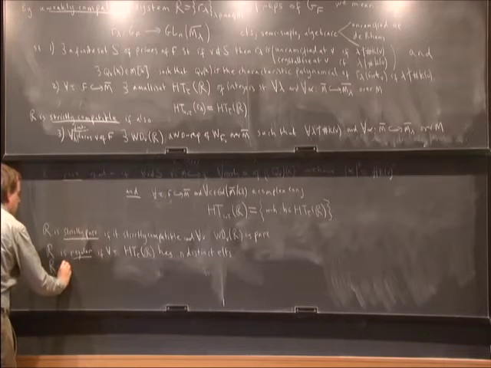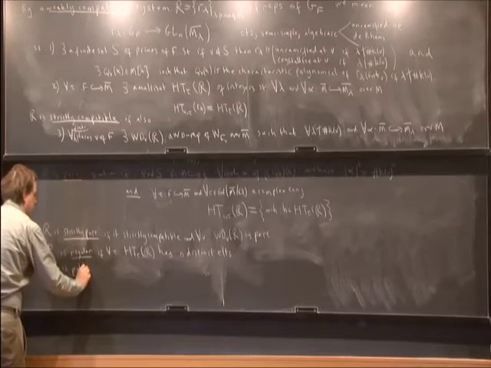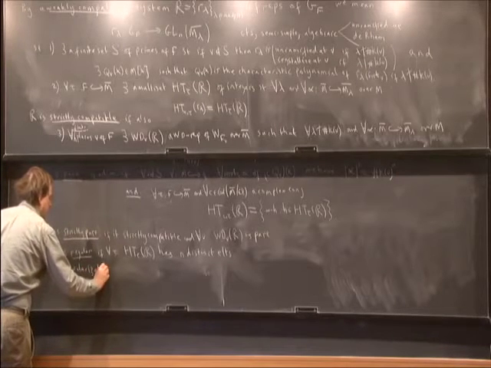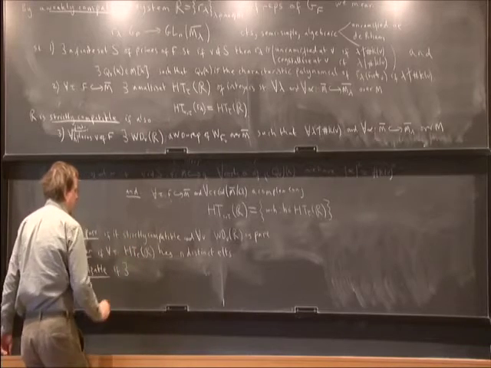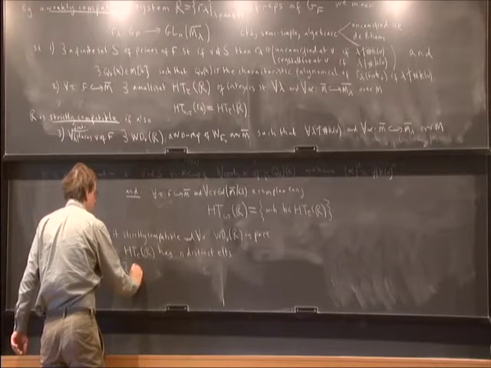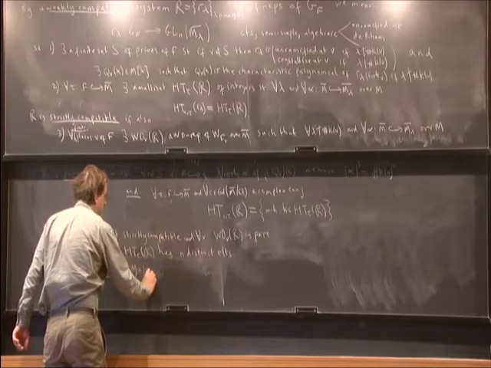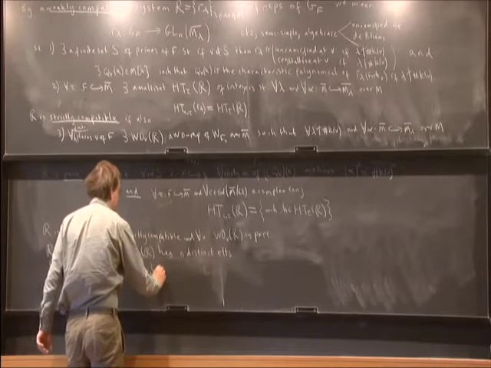I will call R polarizable if there exists a compatible system of characters, one-dimensional representations.